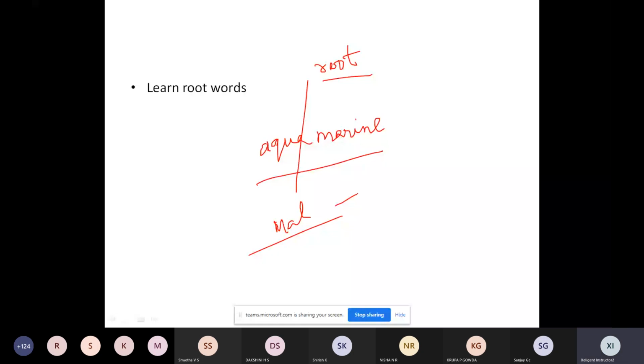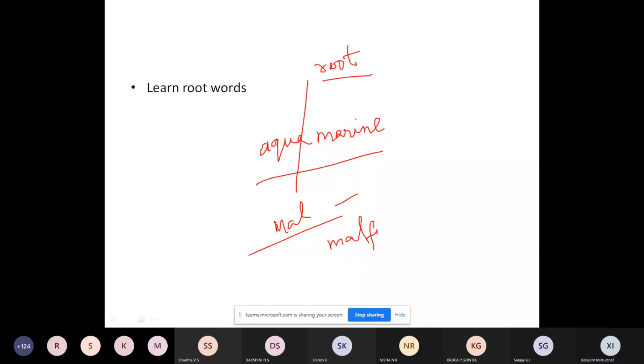Yes, a combination of suffix and prefix. I'll give you an example for this root word.